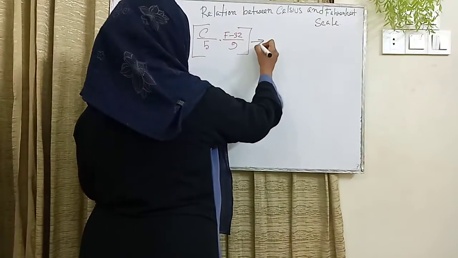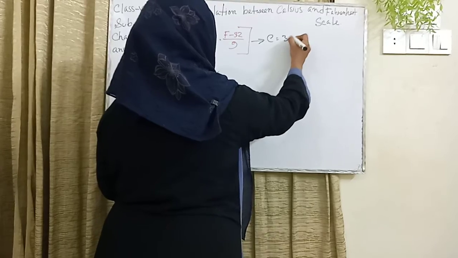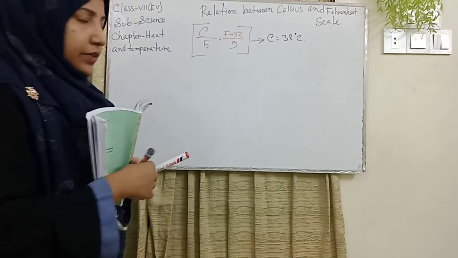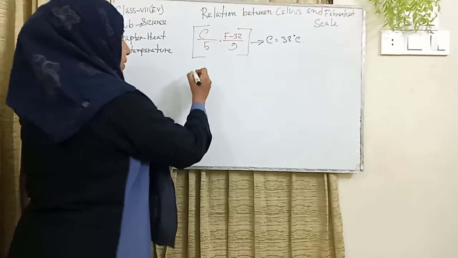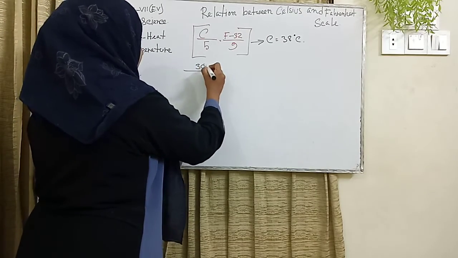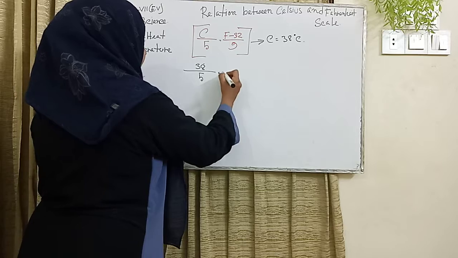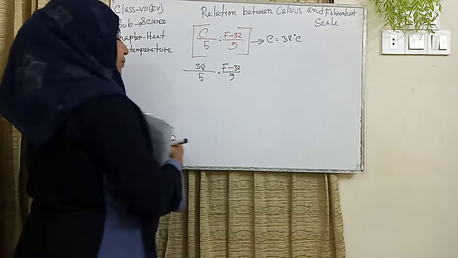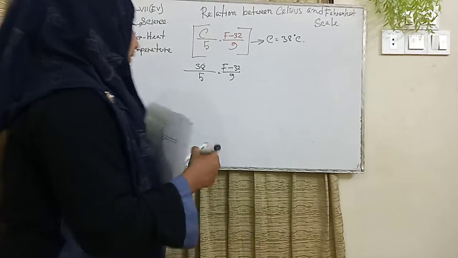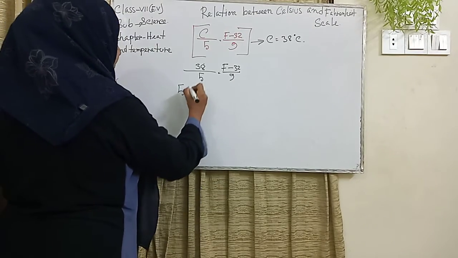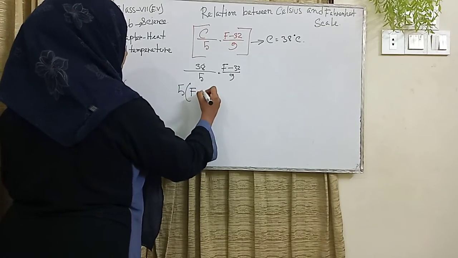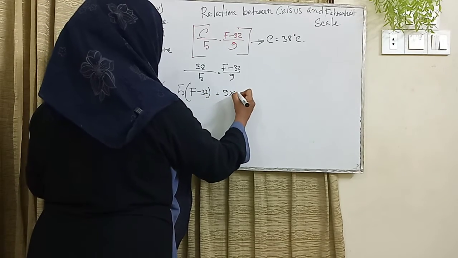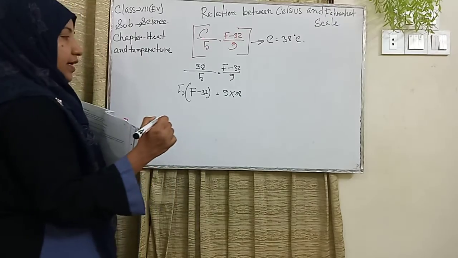Now, C equals 38 degrees Celsius, so 38 divided by 5 equals F minus 32 divided by 9.